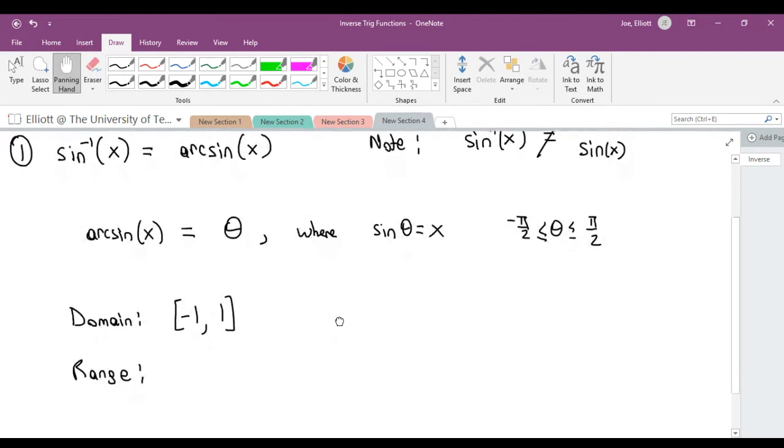That's somewhat of an arbitrary choice, but that's what people do for arcsine in particular. Because of that convention, that makes the range of the arcsine function minus pi over 2 to pi over 2. So this is the domain and range for arcsine.